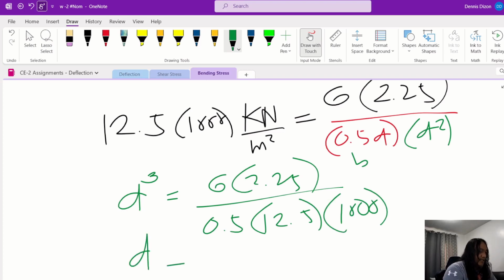So our d is equal to 6 times 2.25 divided by 0.5 times 12.5 times 1000, and then cube root.